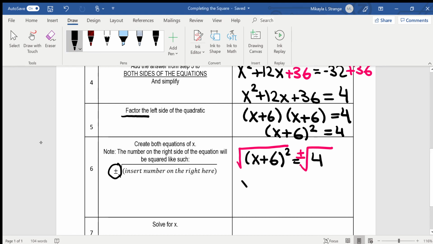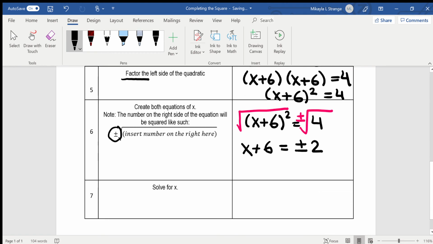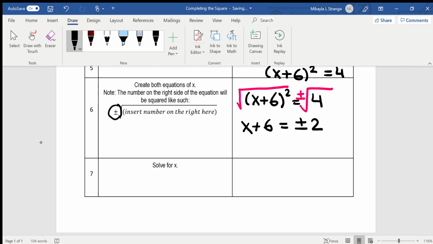So now this is going to give me x plus 6 is equal to plus or minus 2, because don't forget to square root the 4. And when I get both of my equations, that's going to give me x plus 6 equals 2 and x plus 6 equals negative 2.